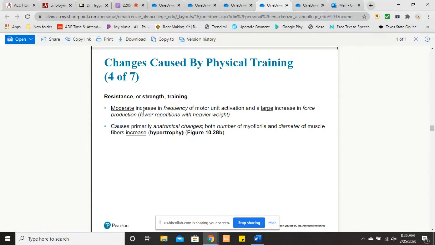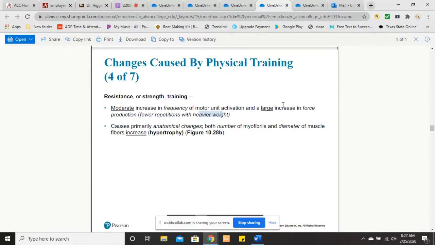So think, what happens to a person when they start lifting weights? Think of bodybuilders. Turns out they have an increase of motor unit activation. Meaning they're going to get more of those neurons to talk to more of the muscle cells, so they activate more of their muscle because they need to generate a larger force because they have a heavier load.